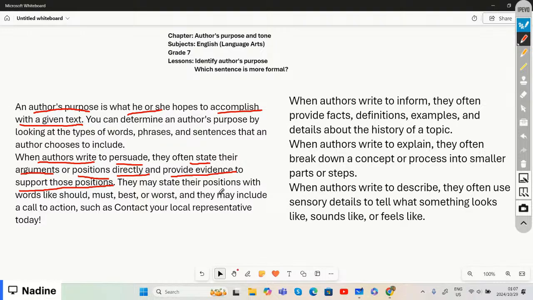They may state their position with words like should, must, best, or worst. So once again, when an author writes to persuade, they often state their argument or their positions directly and provide evidence to support those positions.